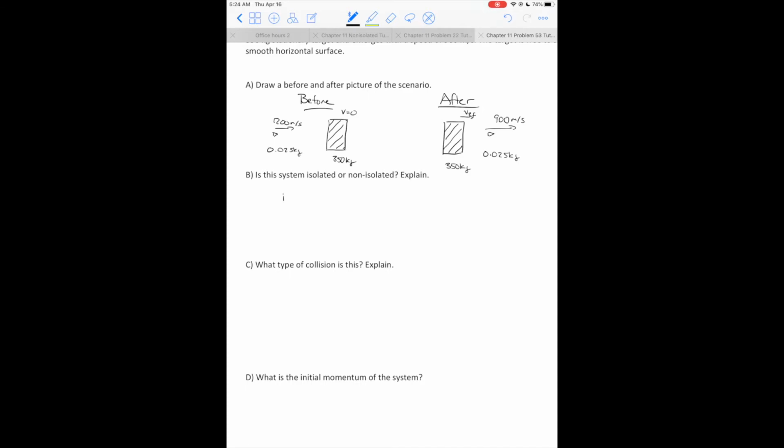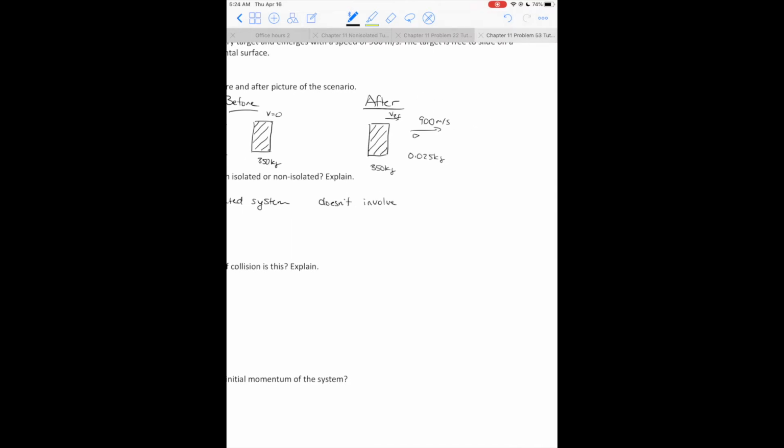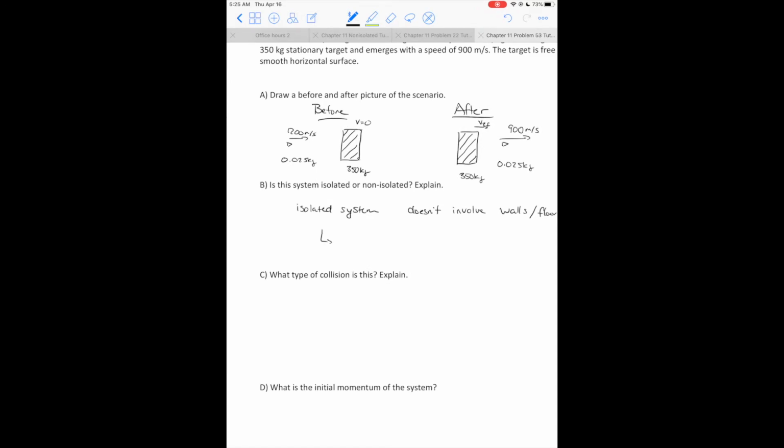This is truly an isolated system, mainly because it doesn't involve doors or walls or floors, ceilings, etc. So if it's an isolated system, we know from before that delta P is equal to 0. It does not change, and remember that P is a vector.